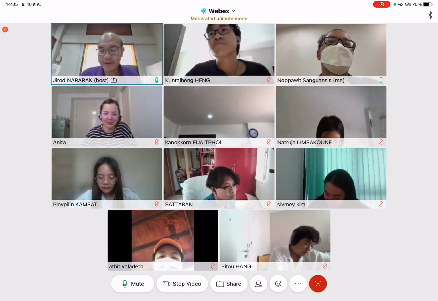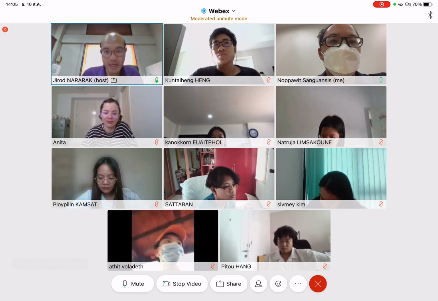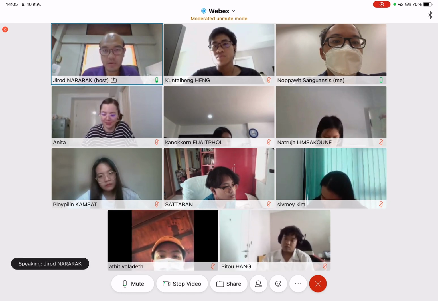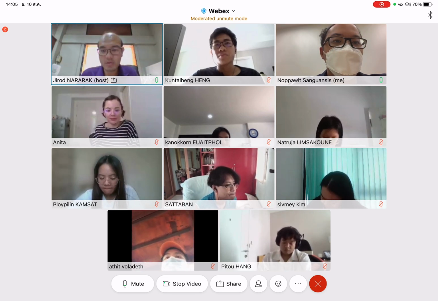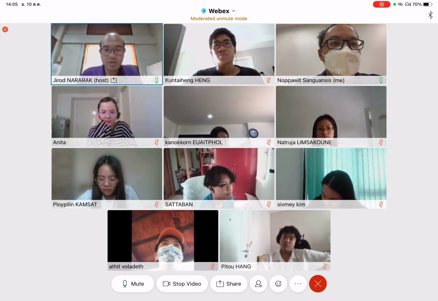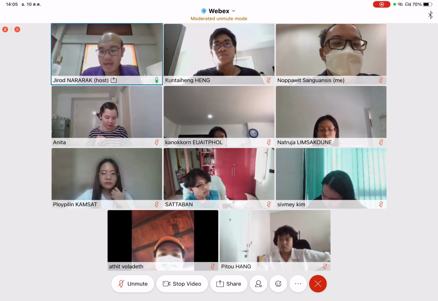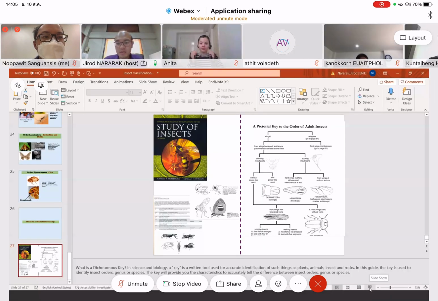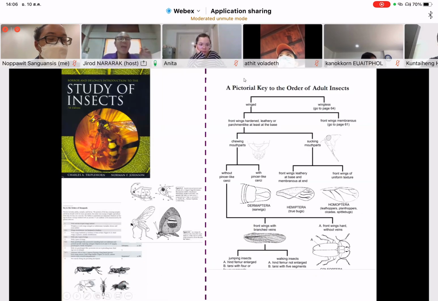We can go to the pictorial key, which uses pictures. Here you can see on the right-hand side, that is the pictorial key. The first thing they start with is the wing.